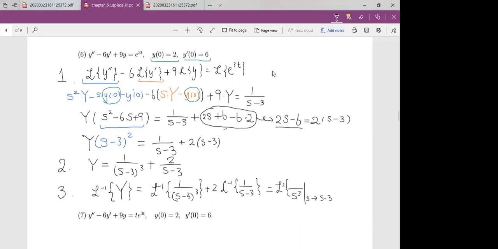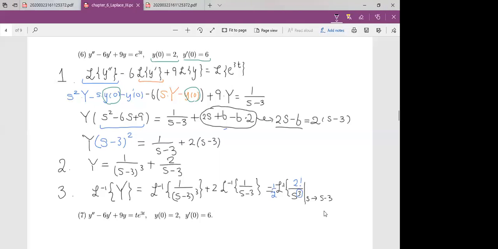Now that we have s cubed, you want to have 2 factorial. Then you'll be ready to use the table. That's why we need to multiply by 1/2 there, like this.